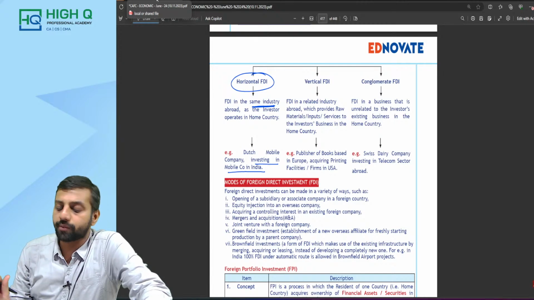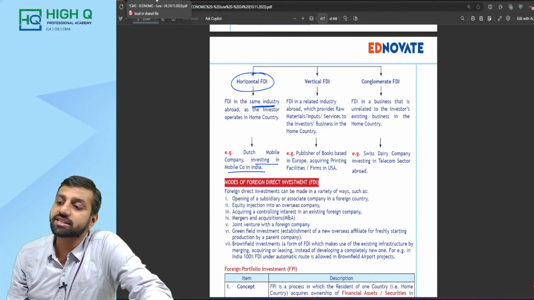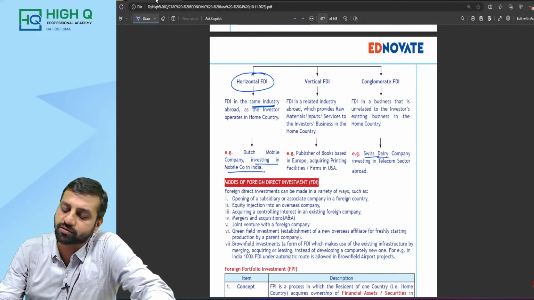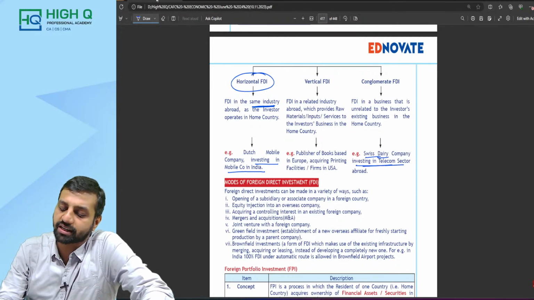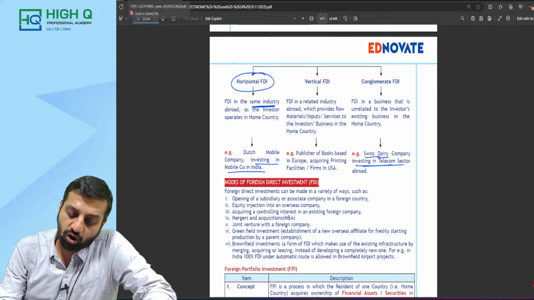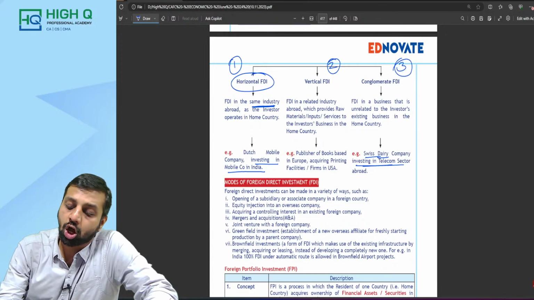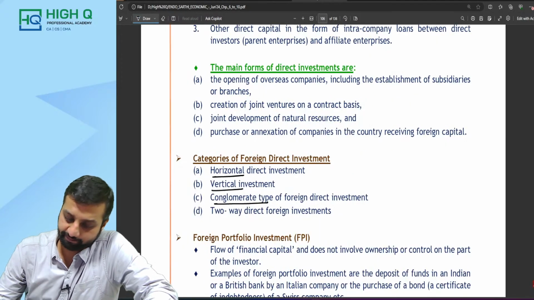And conglomerate means absolutely different from my existing business. So I am a dairy company in Switzerland, but I have invested in a telecom company abroad. So there is a horizontal FDI, a vertical FDI, or a conglomerate FDI.